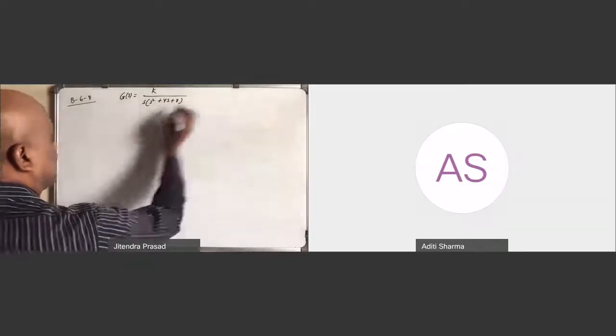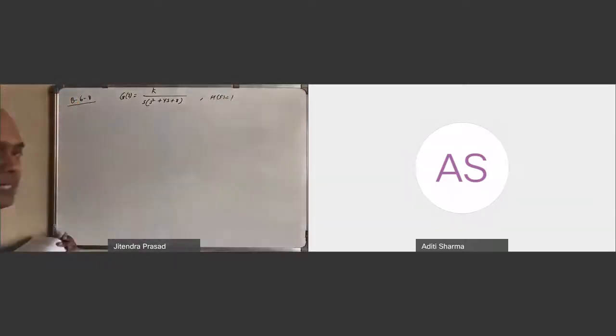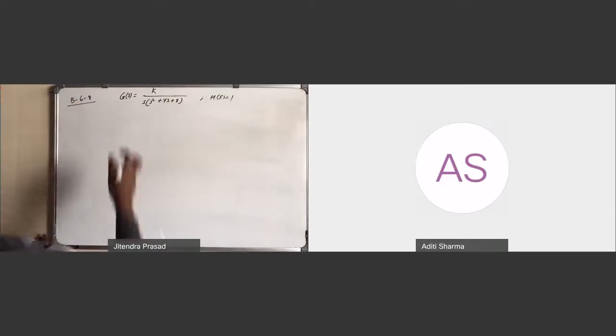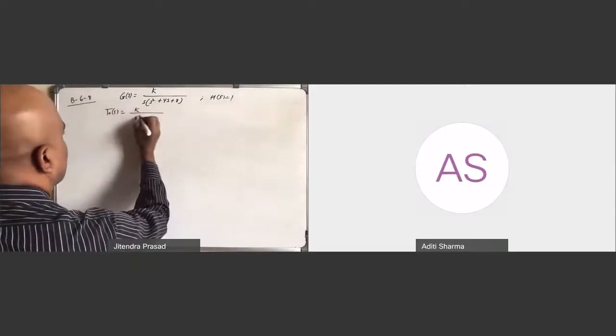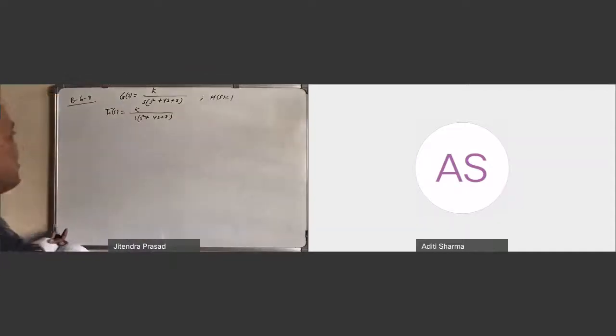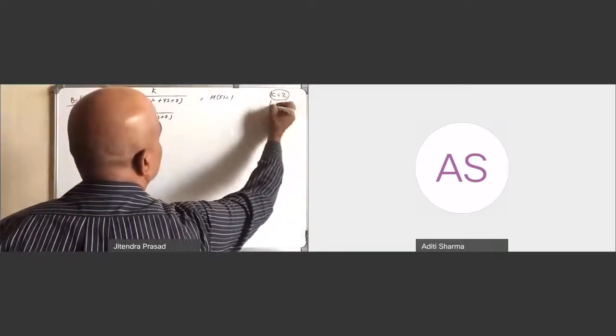And H of s equal to 1, because this is a unit feedback control system, and hence you have T naught s equal to K over s square plus 4s plus 8. Okay, so first of all we are going to plot the root locus for the system. Now we have to find out for K equal to 2, poles equal to what?